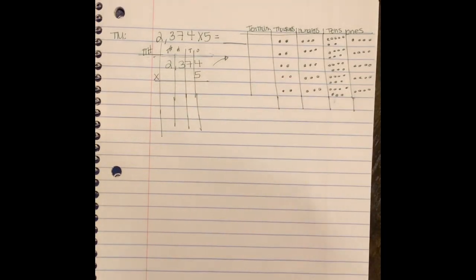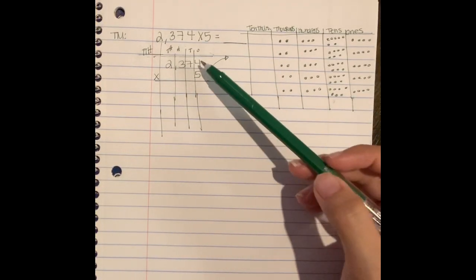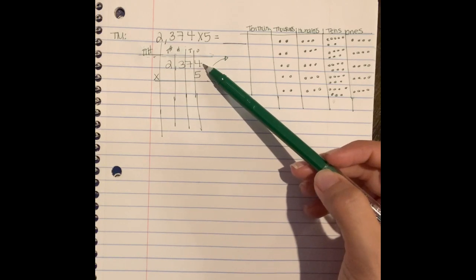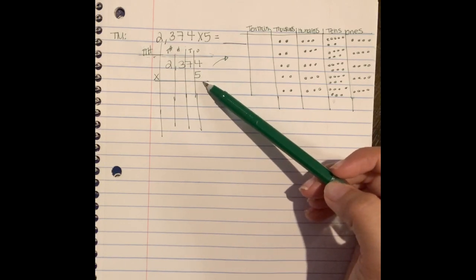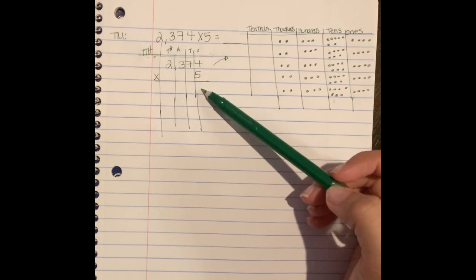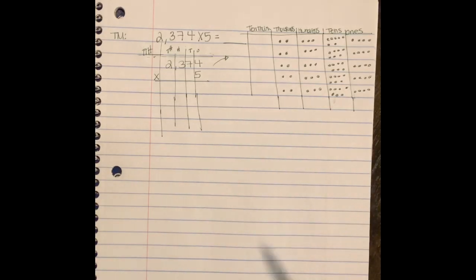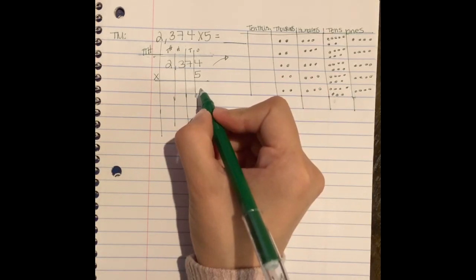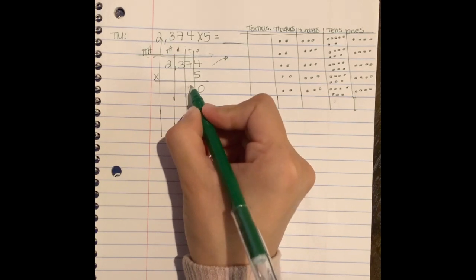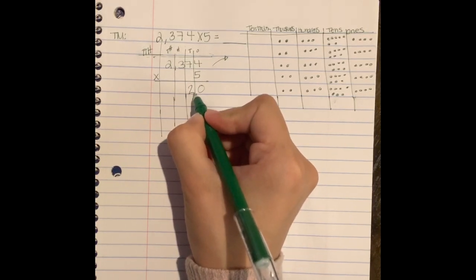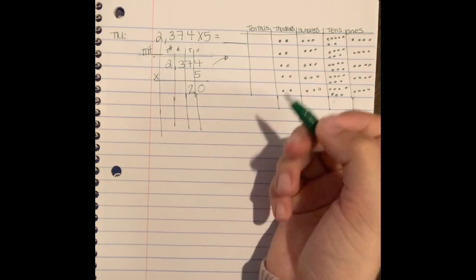So let's go ahead and start. If I take my 4 ones and multiply them by 5, they would give me 20 ones. So I would put a 0 here and a 2 in my tens place, because I have to bundle. Same thing goes here.